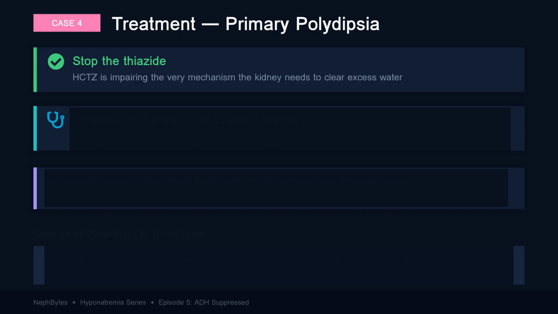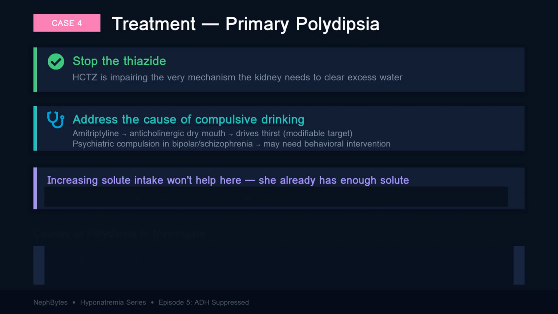It's impairing the very mechanism the kidney needs to clear the excess water. Investigate and address the cause of the compulsive drinking. Increasing solute intake won't help here the way it does in beer Potomania. She already has enough solute. The problem is on the intake side.